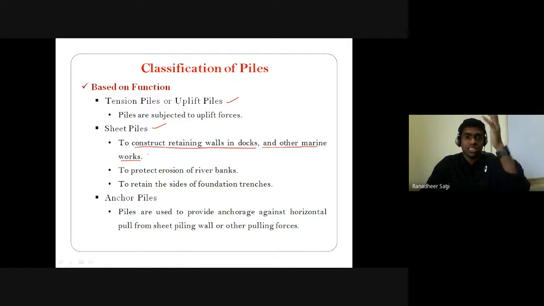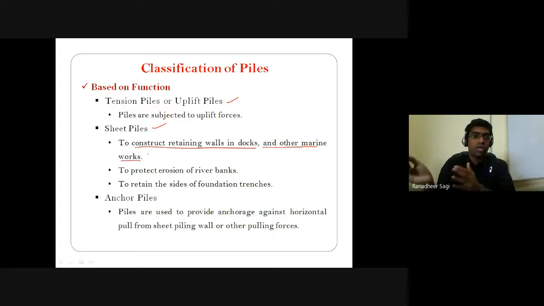These sheets can be driven into the ground to ensure that the water does not directly come in contact with the soil on the other side, and you can easily take up your subsequent construction, because the sheet acts like an impervious material and prevents the seepage of water from one side to the other through the soil strata.